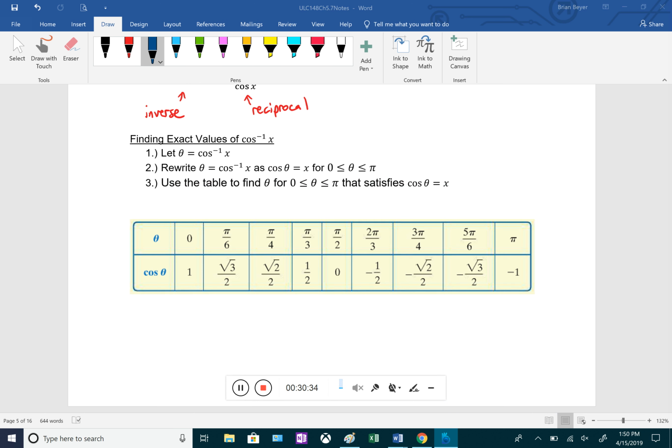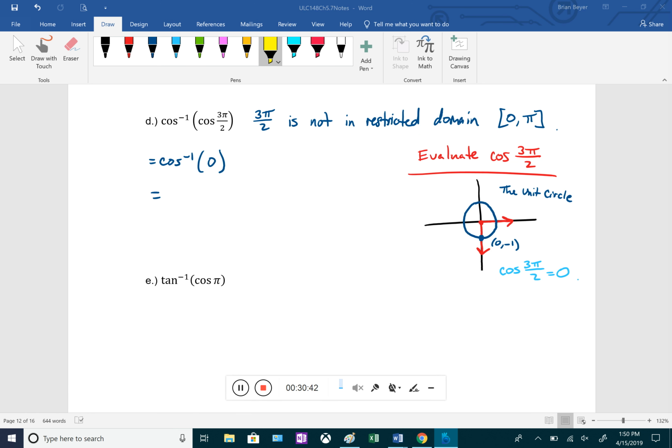So here's the 0 right here, and the angle that got us that was pi over 2. So cos inverse of 0 equals pi over 2. So this whole thing, cos inverse of cosine of 3 pi over 2, just equals pi over 2.